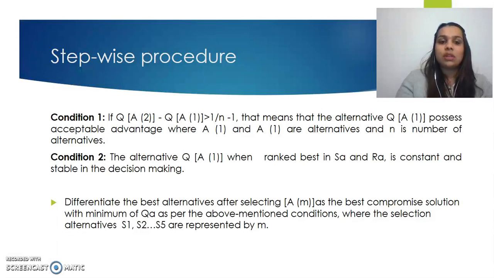The next condition is that the alternative QA1, when ranked best in SA and RA, is constant and stable in decision making. The last step is to differentiate the best alternatives after selecting AM as the best compromise solution with minimum QA as per the above mentioned conditions, where the selection alternatives S1, S2, S5 are represented by M.